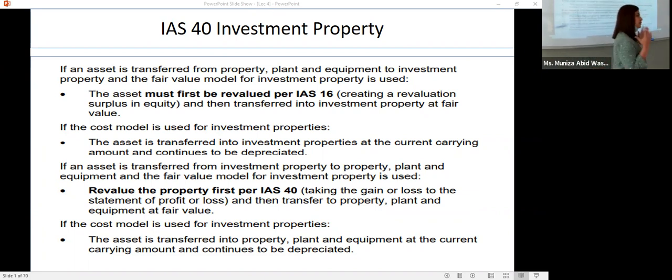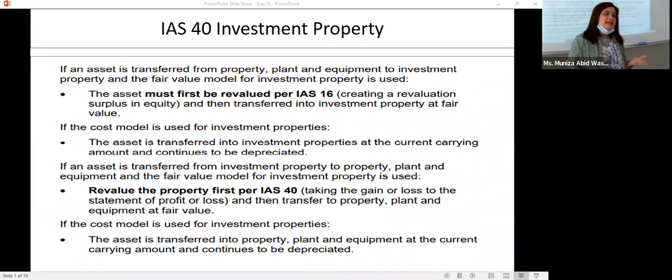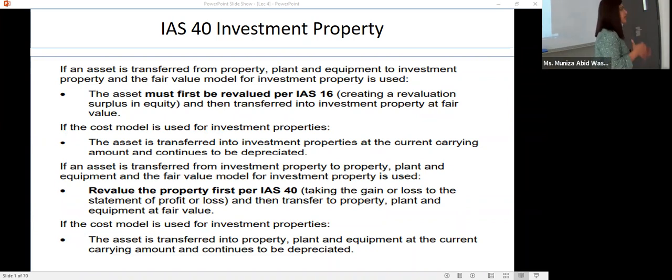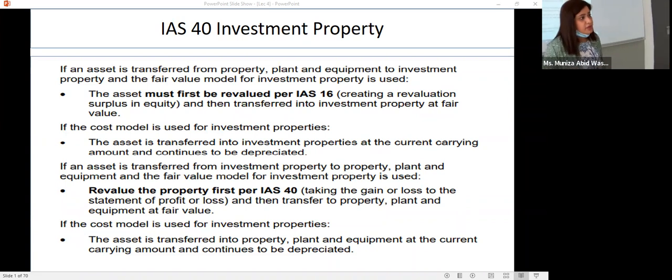Any kind of property which is purchased for the basic purpose of getting a capital increment, for example, after some time period the property value is going to increase and we are going to sell it to generate capital increment, is known as an investment property. On the other hand, sometimes we are purchasing a property so that we can give it on rent and we can earn rentals out of it. That kind of property is known as an investment property, and that property would not be dealt within IS 16, but we are going to deal with it within IS 40.